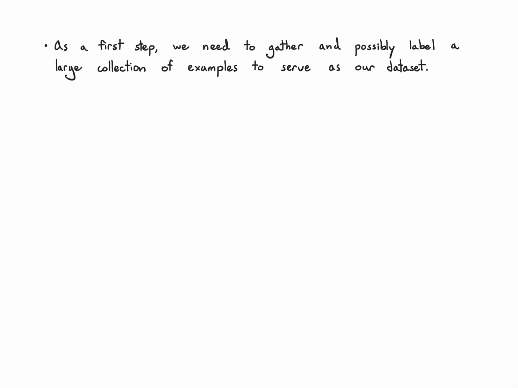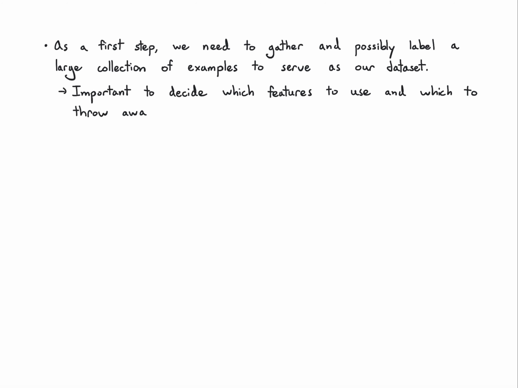Now, one of the most important tasks we have to carry out is we need to decide which features we want to include in the data set. So of all the data we could possibly collect, what are the features we actually want to use? And we usually need to put these examples into the same standardized format, right? So for instance, if we're talking about cat and dog images, maybe they should have the same size. So maybe they should be 64 by 64 images, or whatever the size might be.